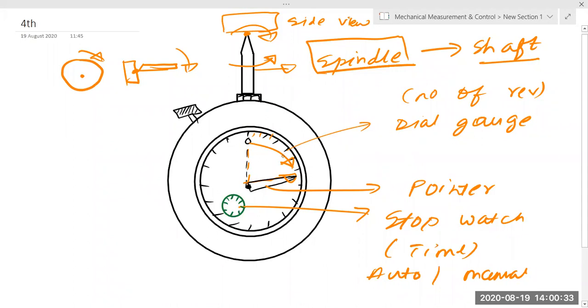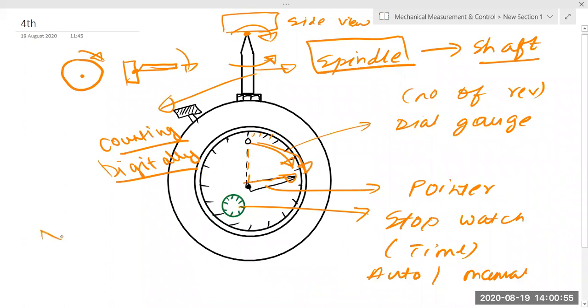This can also be read digitally, which will be more feasible. Suppose there is some deflection on the counter scale; this deflection will indicate the number of revolutions.